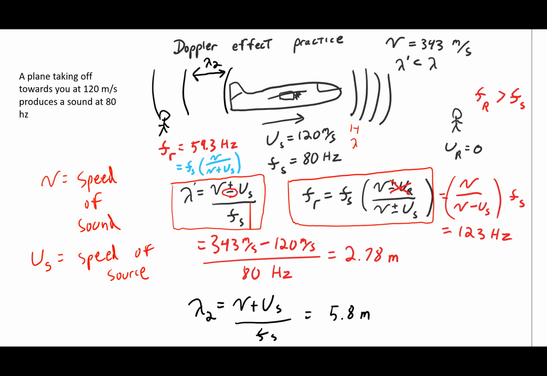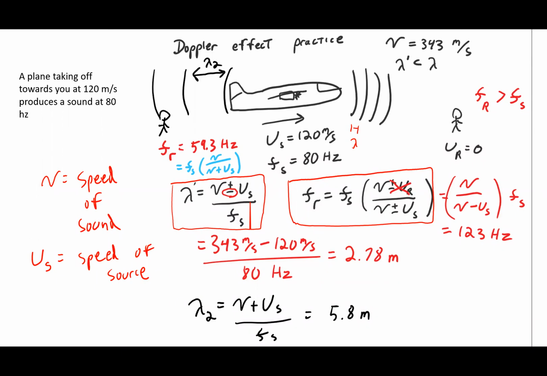So the analogy I did in the video was like, I'm walking along the conveyor belt, and so me and the conveyor belt are moving in the same direction, and therefore the spacing between the pies is smaller, whereas if I'm walking in the opposite direction from the conveyor belt, the spacing between the pies would be larger. So in this case, when the plane is moving towards me, I want to use the negative sign here because my intuition is that the wavelength will be shorter.